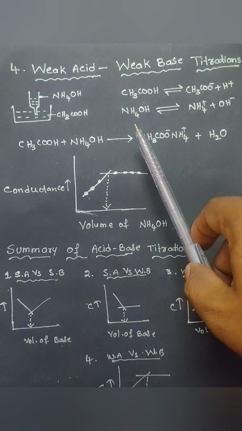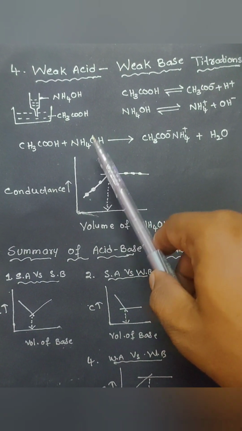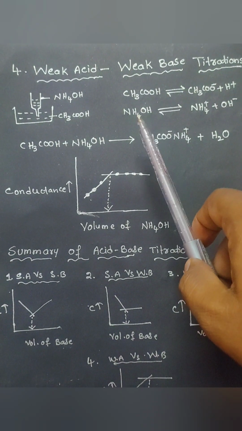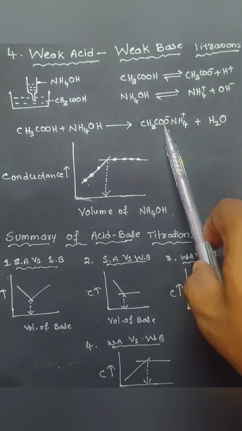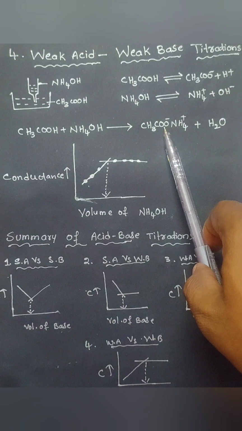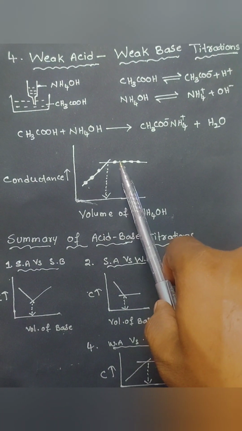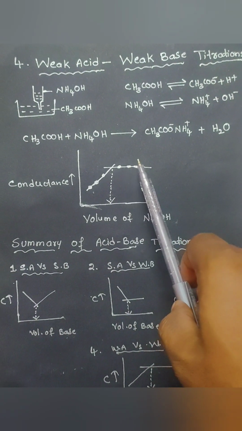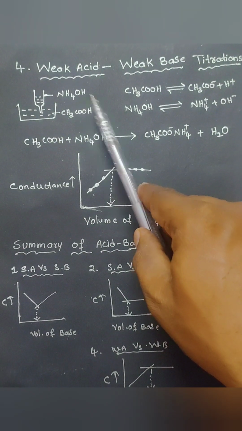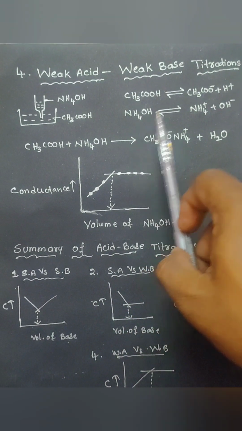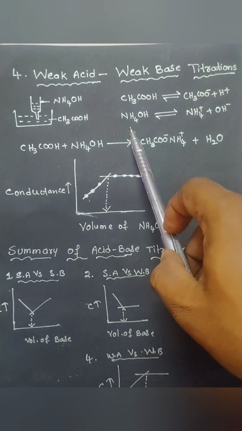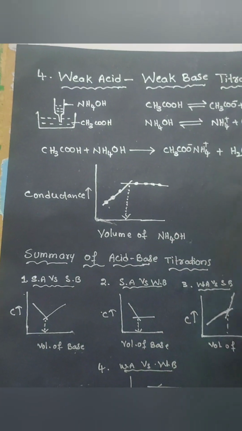And after that, that means after the neutralization reaction is completed, there is no choice for the formation of this type of salt or ions. As a result, the conductance of the solution remains constant because ammonium hydroxide is a weak base and there is no further number of ions furnished by this ammonium hydroxide.